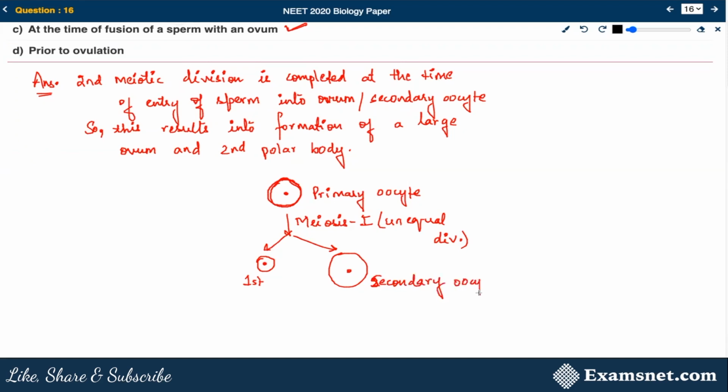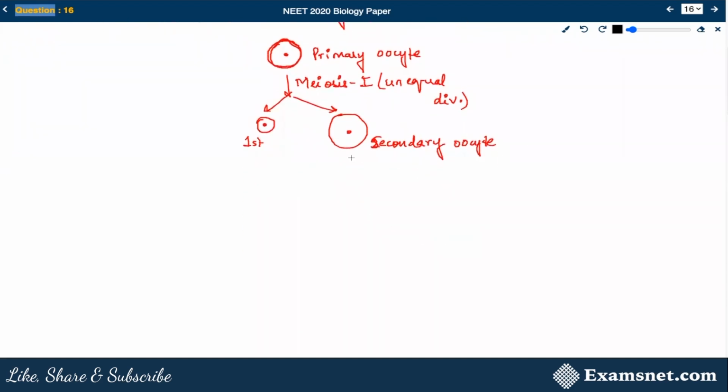oocyte. And when this secondary oocyte finally undergoes the process of second meiotic division, which is again an unequal division, so this will again lead into formation of, this is the first polar body actually, PB, and this will lead into formation of a second polar body and a large ova like this.